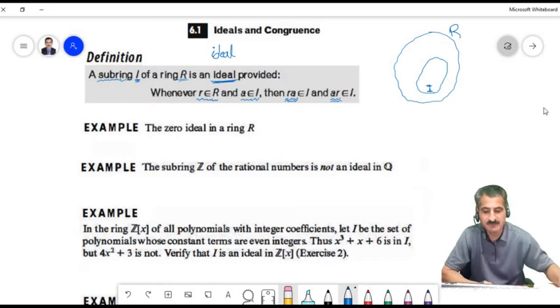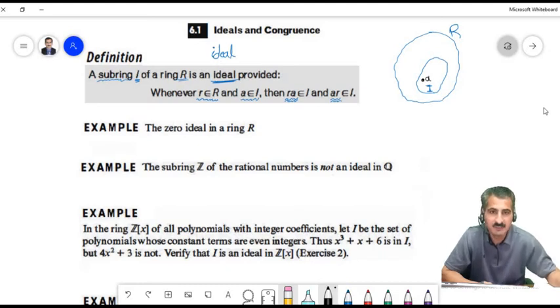Now what does this say? It says if we choose any element a inside the ideal I, and take any element inside the ring R, then do multiplication.